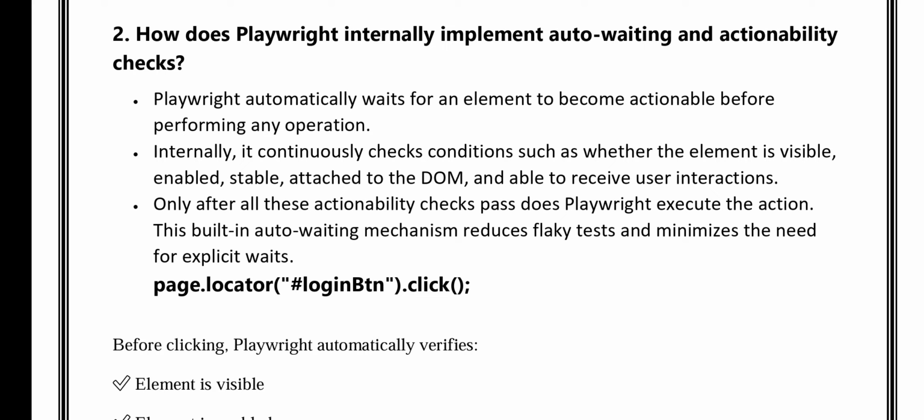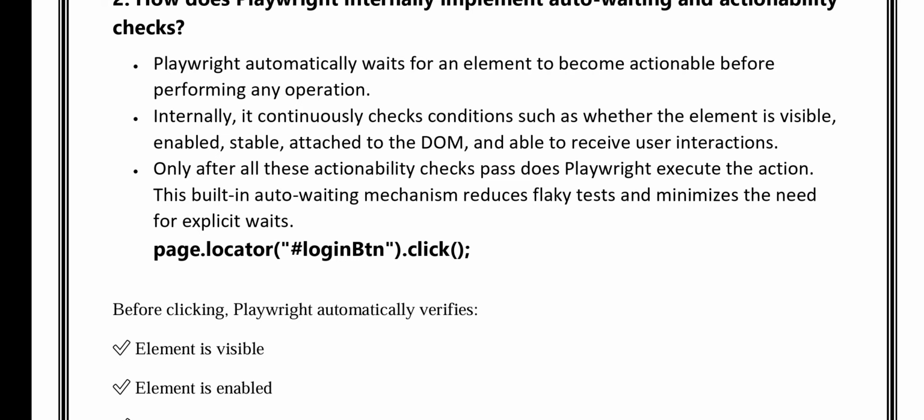Only after all these actionability checks pass does Playwright execute the action. This built-in auto-waiting mechanism reduces flaky tests and minimizes the need for explicit waits.